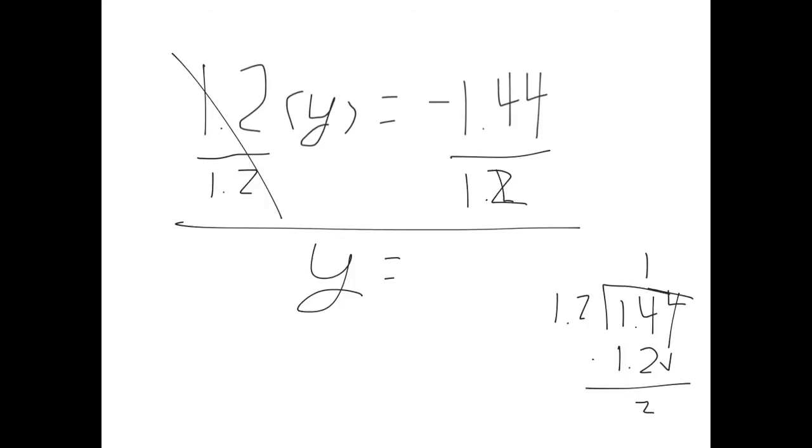And then bring down your 4, that is twice. And then when you multiply, you're going to want to bring that over, so that's going to be 0.2.